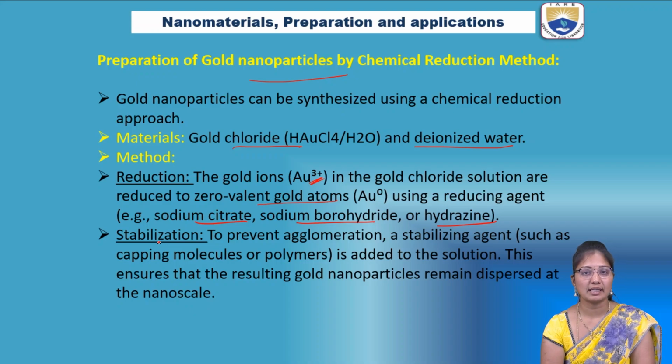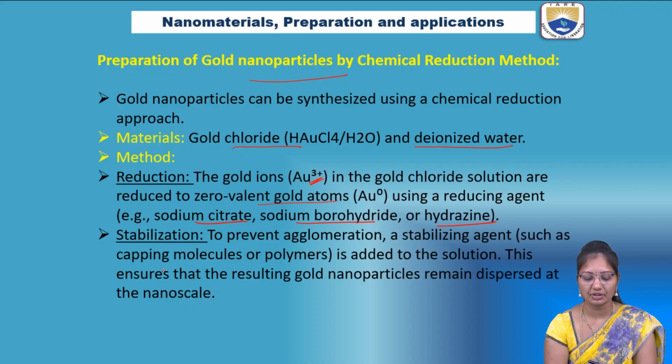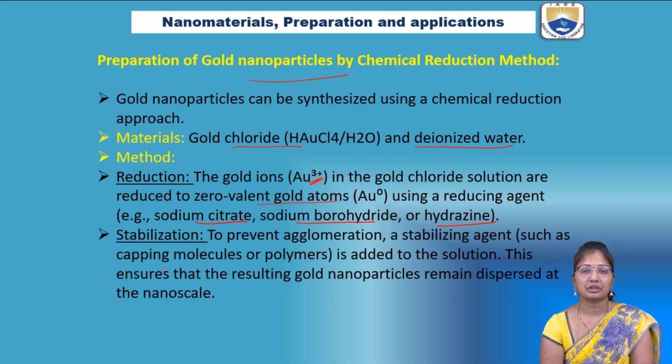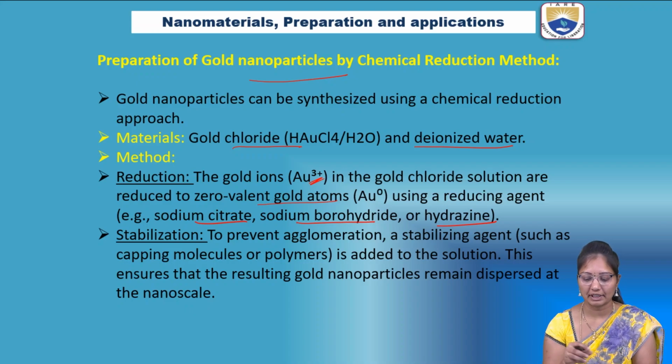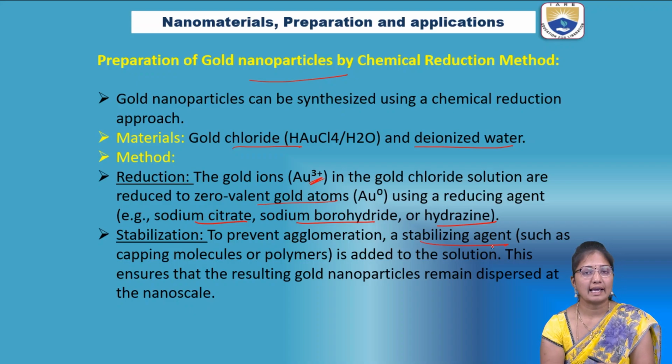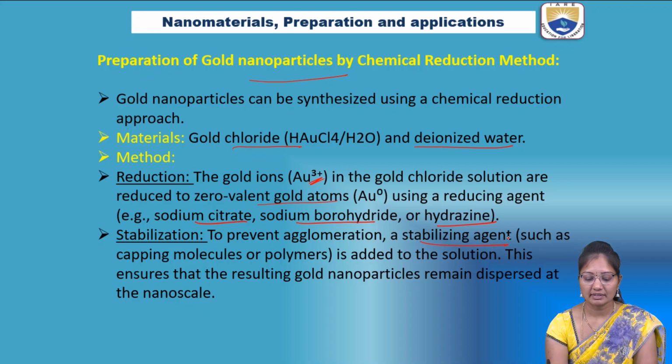Coming to the next step, which is called stabilization. To prevent agglomeration, which is nothing but the particles coagulating in the reaction, a stabilizing agent has to be added, such as a capping molecule or polymers, for the stabilization.